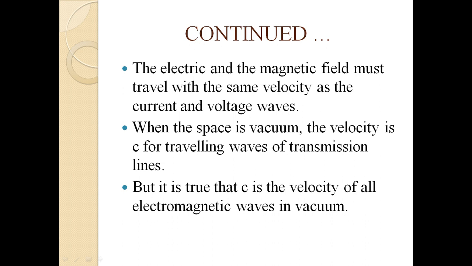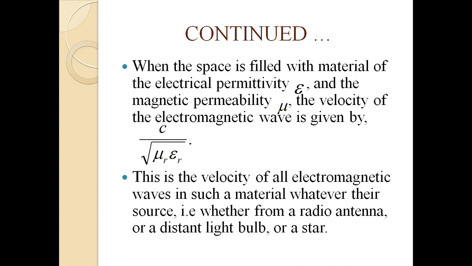But c is the velocity of all electromagnetic waves in vacuum. This is the velocity of all electromagnetic waves in such a material, whatever their source, that is, whether they are coming from a radio antenna or from a distant star or from a distant light pulse.